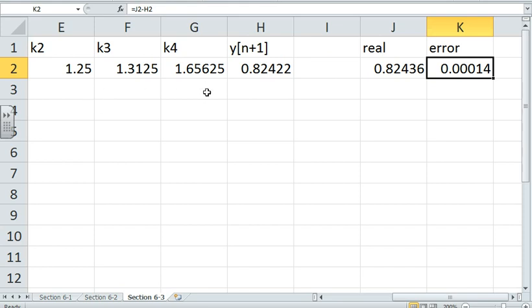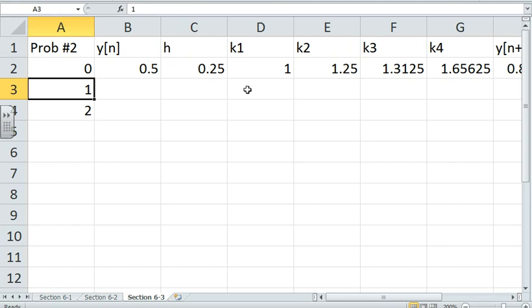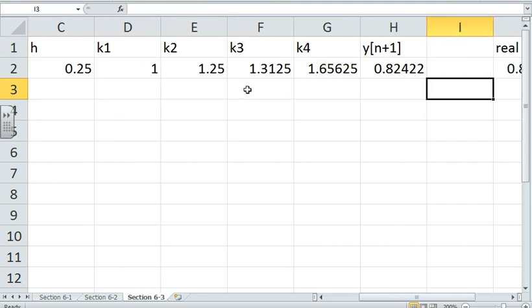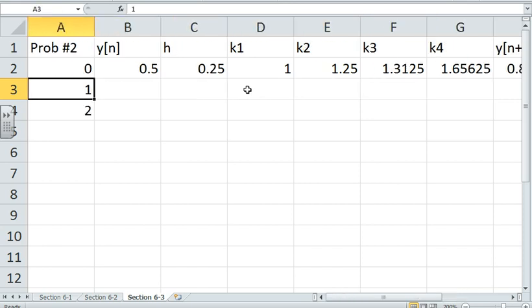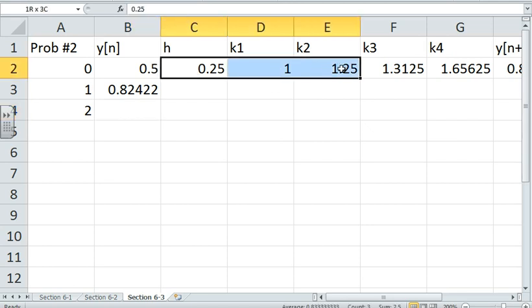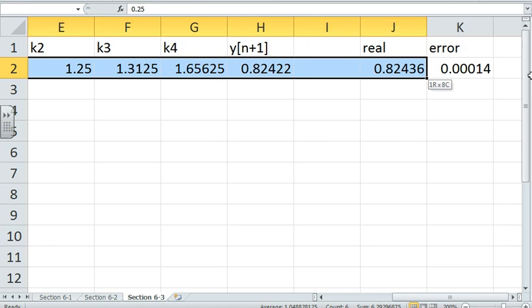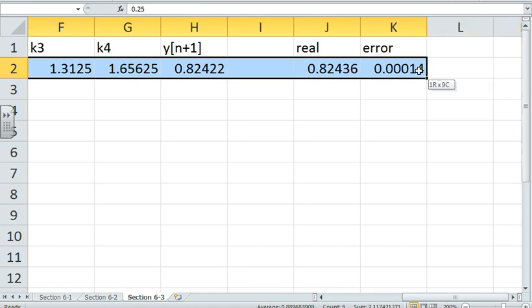Alright, now that I've done it once, I only have to do it one more time. So this guy is H2. H, now equal sign, H2, boom. And then we can just copy this guy.